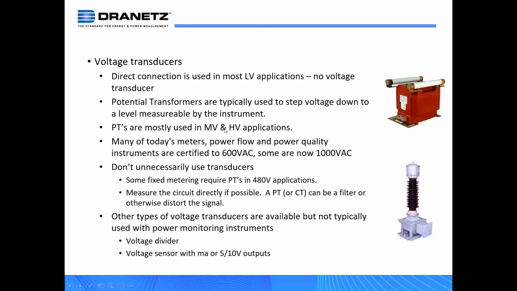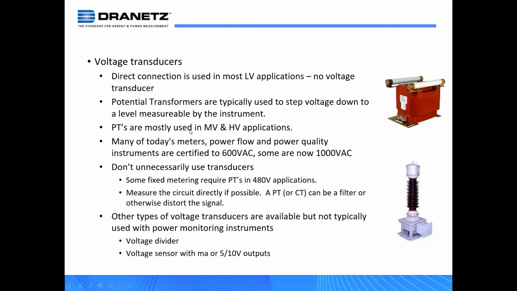Potential transformers are typically used to step down the voltage to a level measurable by the instrument, and are used in medium and high voltage applications. A very common application is 4,160 volts. I don't know of any instrument today that's going to be able to take 4,160 direct, so typically you piggyback off existing PTs.